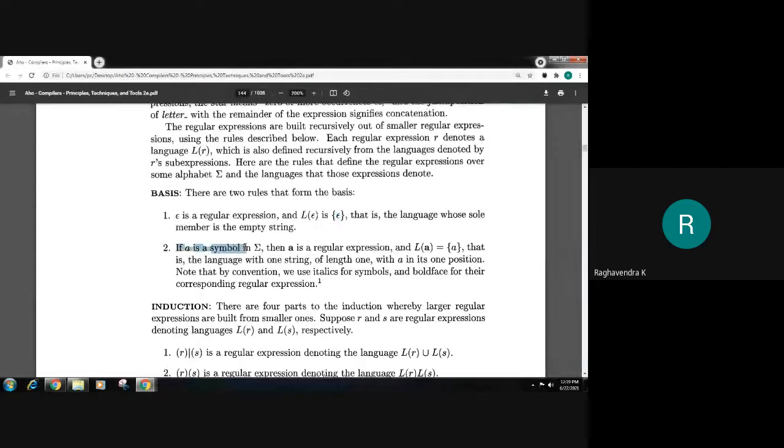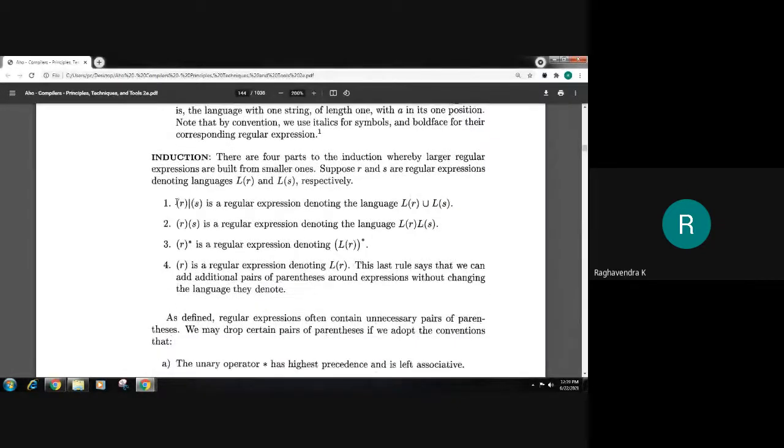The second case is if a is a symbol in sigma, then a is a regular expression, and L of a is equal to a, which means any symbol is going to be part of the language. That's it.